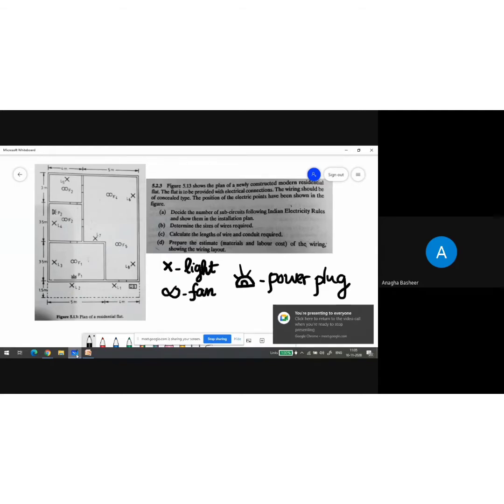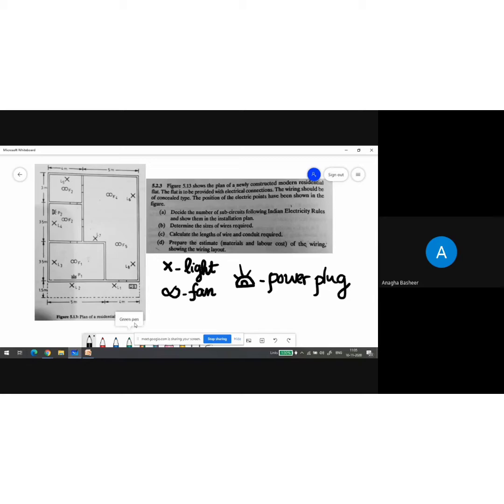Have you drawn this? Today I will explain how to draw the layout from a plan. So take a paper and pen, you just complete the diagram. Then we will learn how to draw the layout from the given plan.